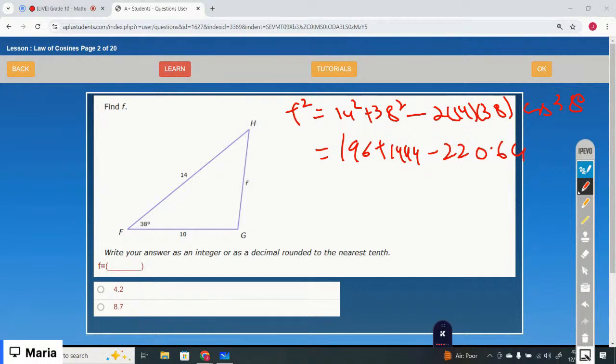That is 1419.36. Now let's just take the square root of 1419.36. That is 37.67. I don't know what's wrong with these calculations, right?